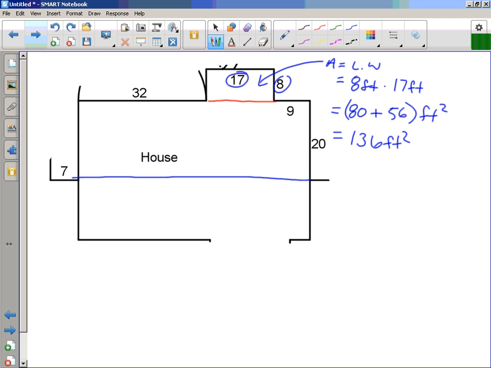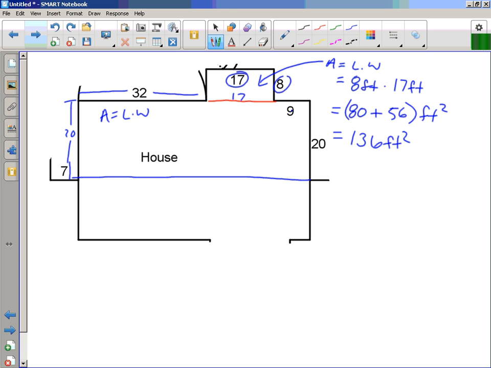Okay, and then the house is also going to be length times width. The question is, how wide is this house? Well, we know this is 20 tall, so that's easy. But this is 32, and this was 17, and this is 9 here.